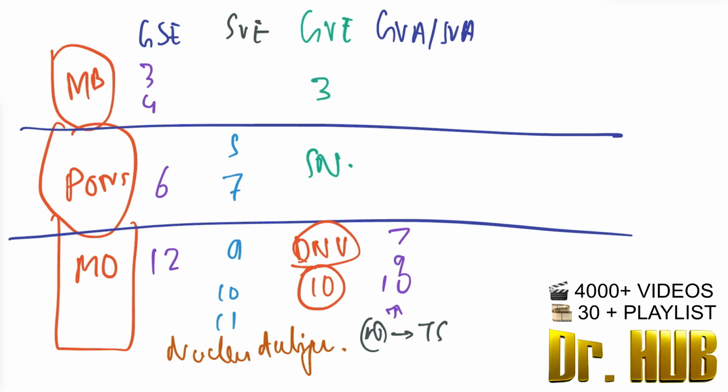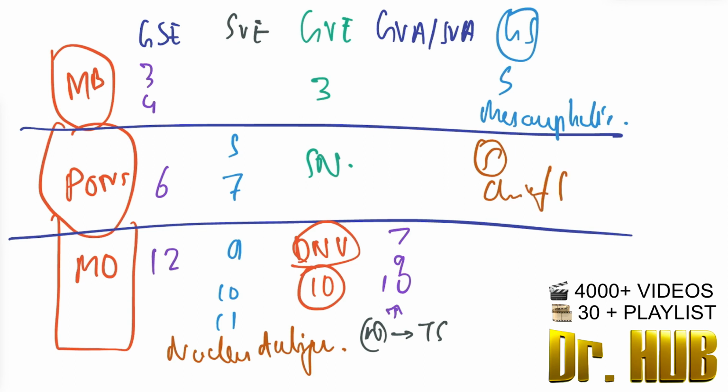Then we move on to the GSA. Under GSA, there is the 5th, the mesencephalic nucleus. Then comes the 5 in the pons, that is the chief sensory. Next there is again 5, that is the spinal, as well as the presence of 7, 9 and 10.